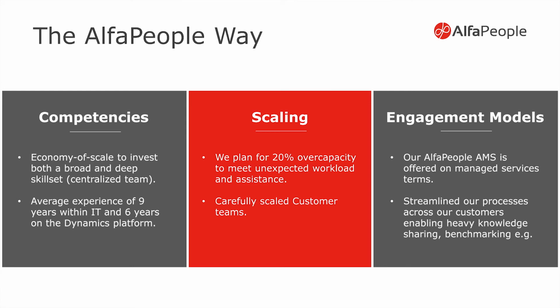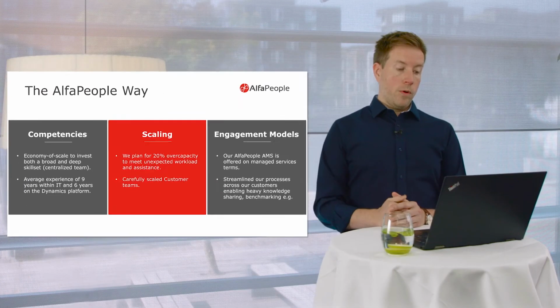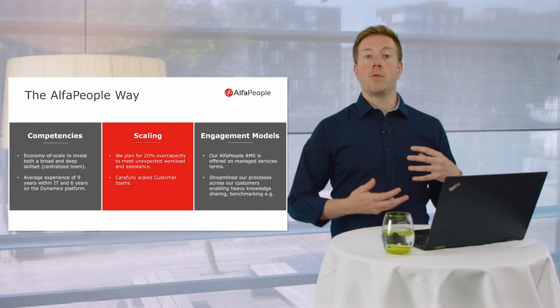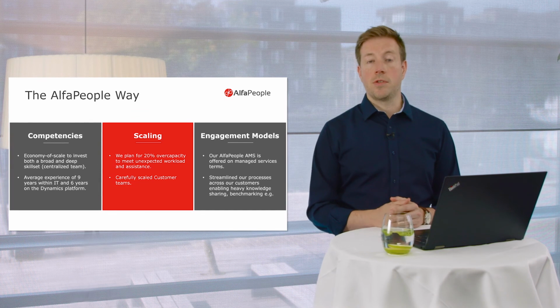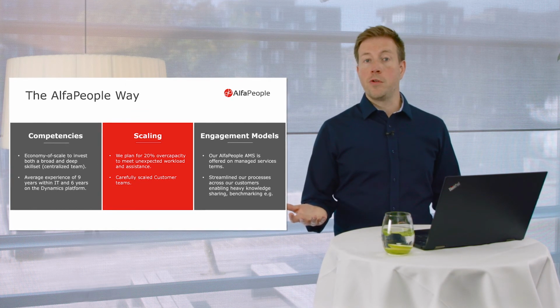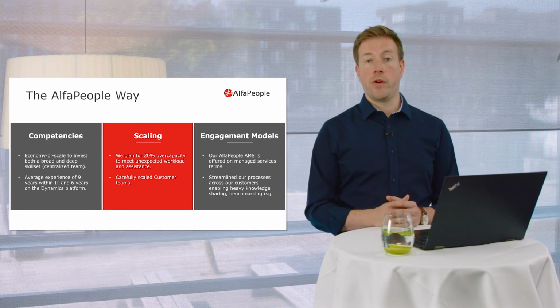So in AlfaPeople, we are naturally offering application management services on Microsoft Dynamics applications. That means that we have economy of scale. We can actually invest in both the broad and the deep skill set in our teams. We can also invest in having AMS as a career path, meaning that we can continuously develop the skills in our AMS teams, which also means that we have a low employee turnover and an average experience and seniority of about 9 years in our department.